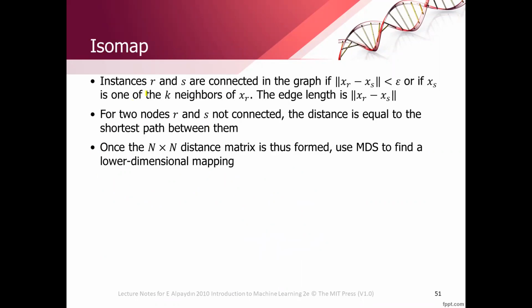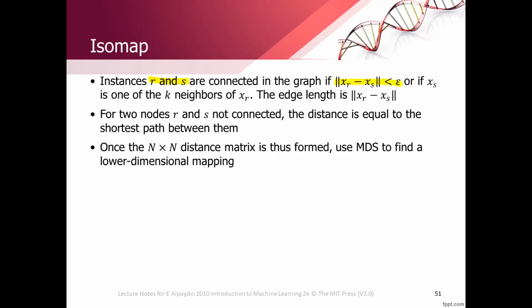So if two instances R and S, so these are two points, are connected in the graph, and in the graph we have edges only for neighboring observations. What are neighboring observations?